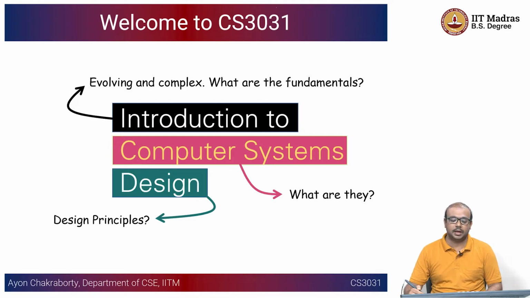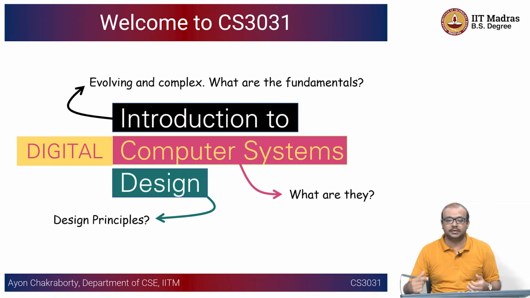One more thing I want you to remember is that when we talk about computer systems, we are essentially talking about digital computer systems. We are going to clarify this term digital in the course of today's lecture, and it is important to remember that there is a fundamental difference between analog and digital.